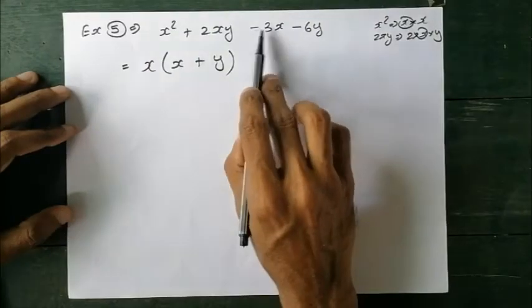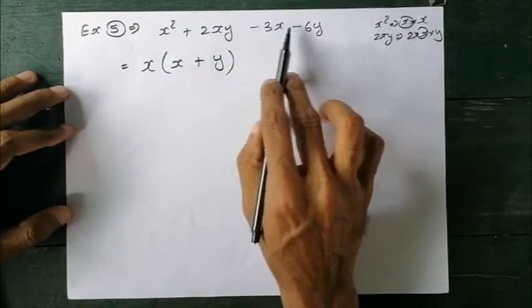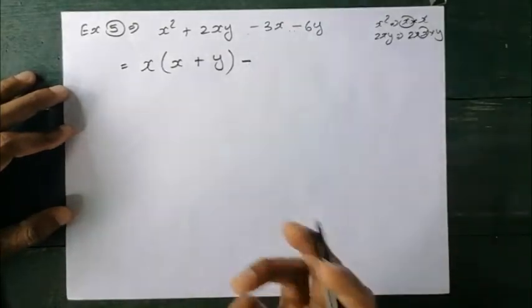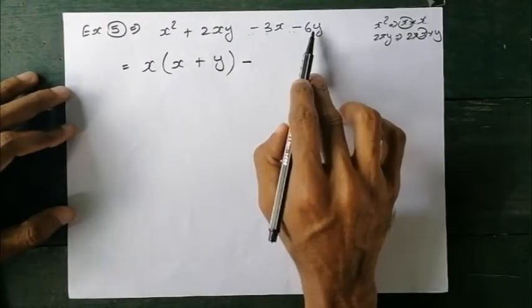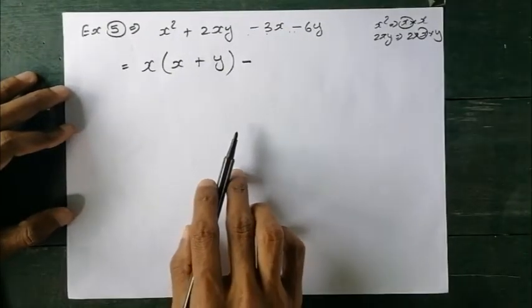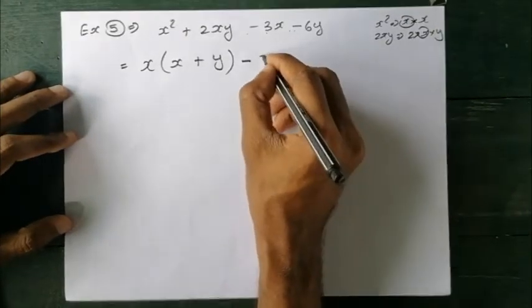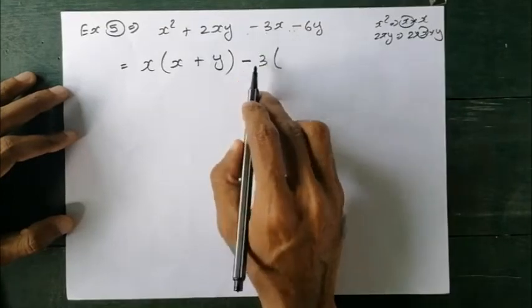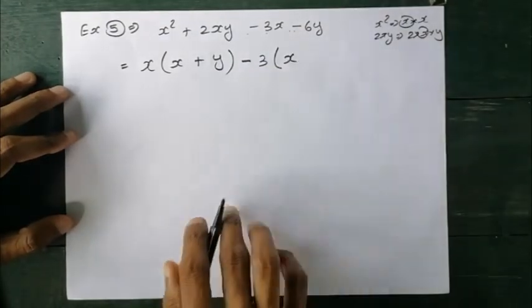With the minus sign, you have minus for both terms, so we take out minus because it's common. For 3x and 6y, the numerical value 3 is common, so we take out minus 3. If you take minus 3, the remaining is x.